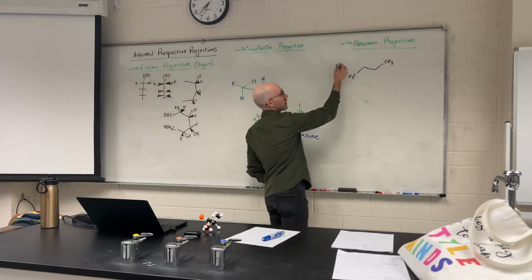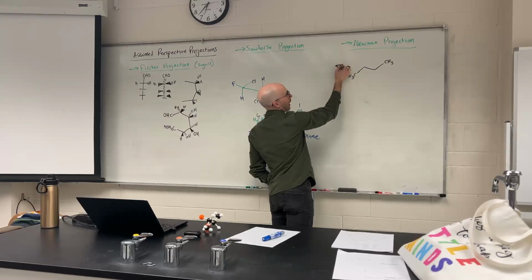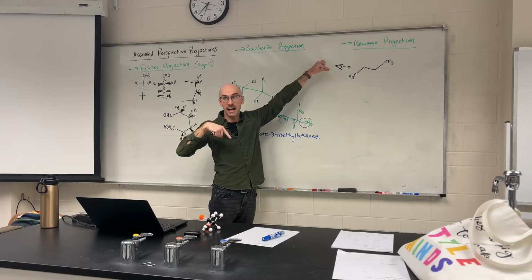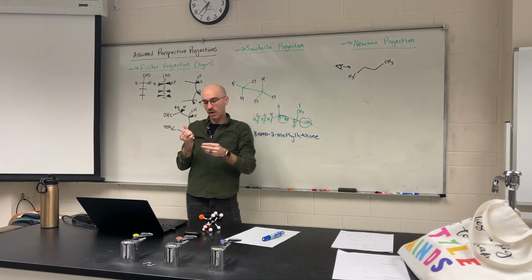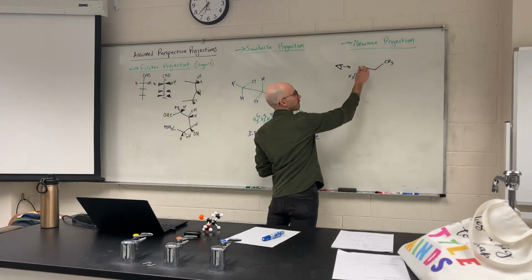So we typically depict this by showing an eyeball. Do you see why that's an eyeball? You can see the eyelids opening up and the roundness of the eyeball. Okay. We take this eyeball and we say, sight down a specific bond.